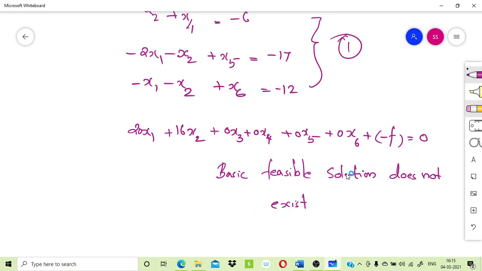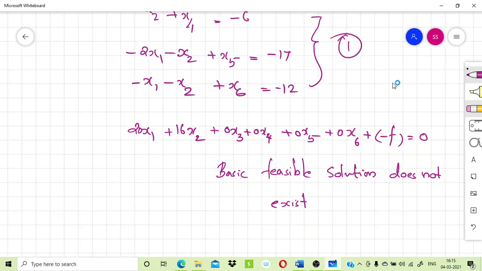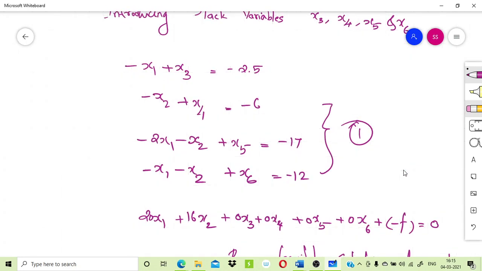Because if you make our non-basic variables x1 and x2 equal to 0, that is our procedure, then you will get x3 and x4 as negative.